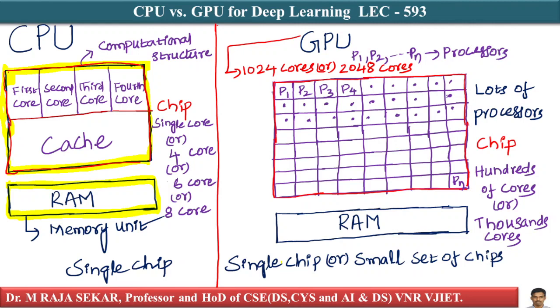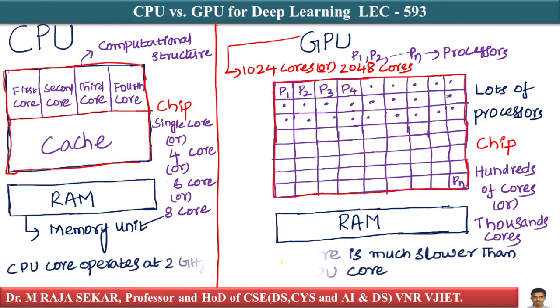Each GPU core is much slower than a CPU core. Your CPU core typically operates at 2 gigahertz frequency. You can think of it as speed, while a GPU typically operates at a few hundreds of megahertz, or maybe 400 megahertz, not even at gigahertz.